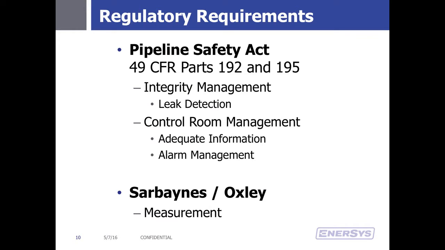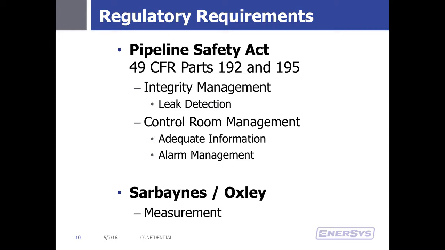One part that governs data, though not directly, is 49 CFR 192 and 195, where all the pipeline safety regulations are. We've got integrity management, we've got leak detection. There's a lot of stuff going on now where you're being asked to file reports when you violate MAOP limits.